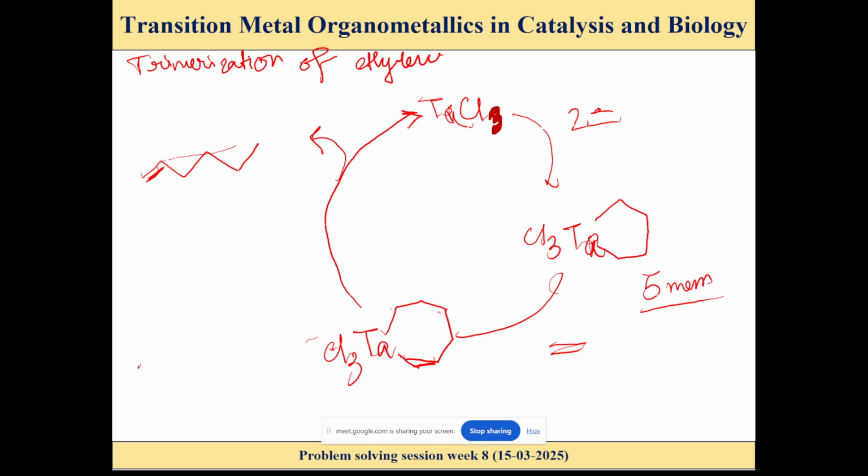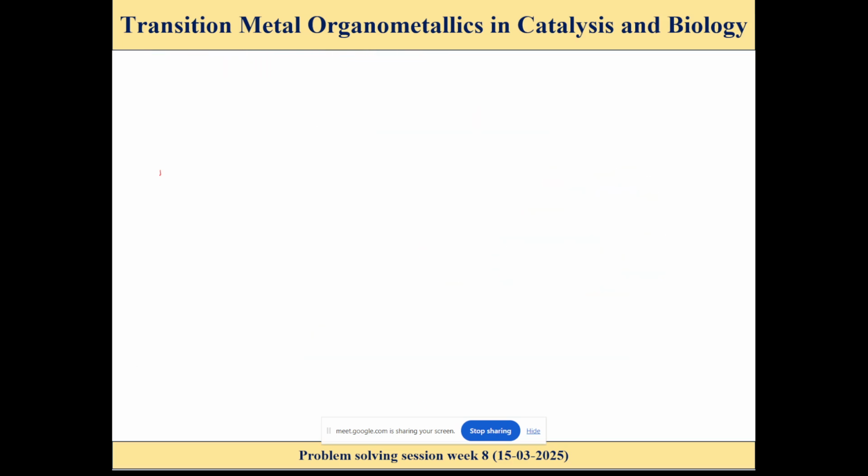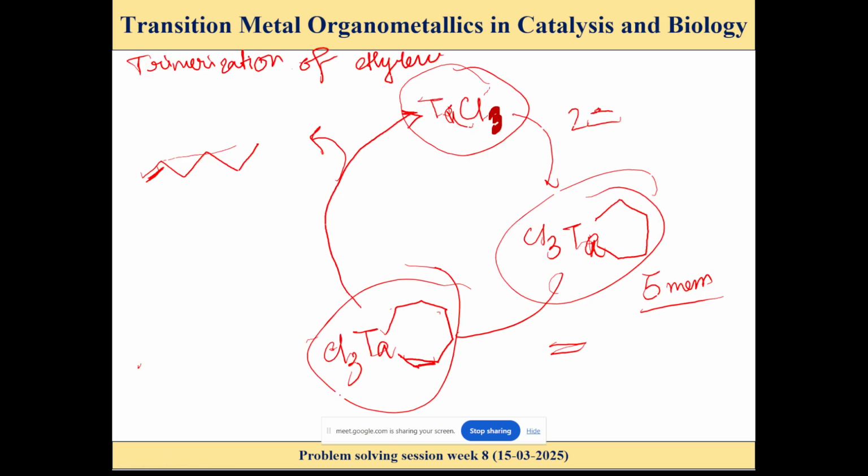So here you can clearly see that tantalum Cl3 is the active catalyst, and 5-membered and 7-membered intermediates are formed during the catalytic reaction. So options A, C, and D will be the right answer for that question.